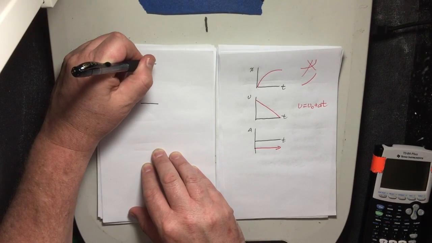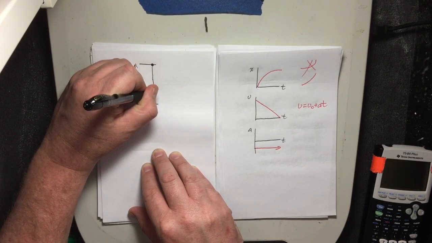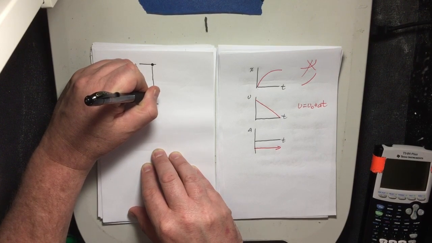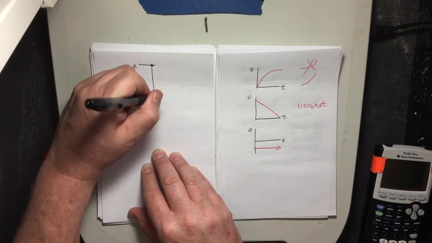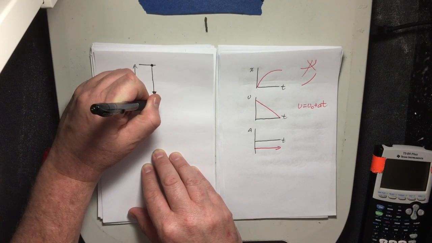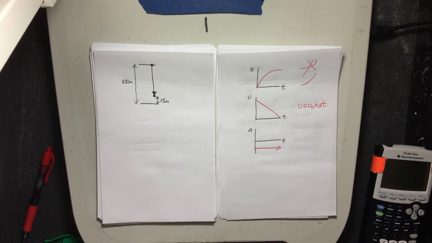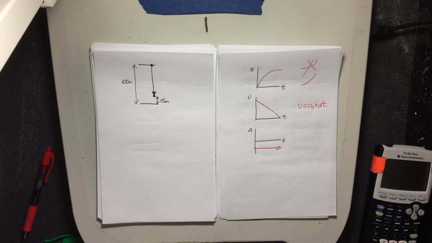So really, we have a banana that is dropped, and then before it hits the ground, in fact, the distance before it hits the ground is 15 meters. So at the top, the banana is released, it falls a particular distance. At 15 meters above the ground, the monkey picks it up.